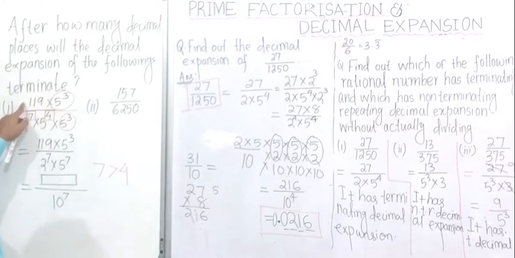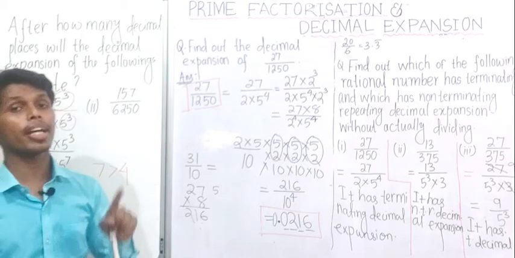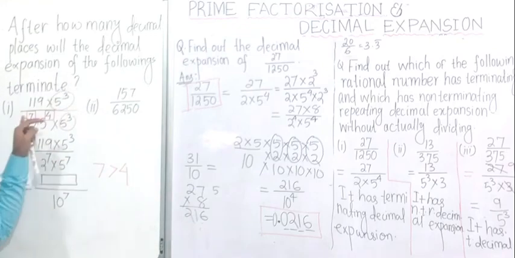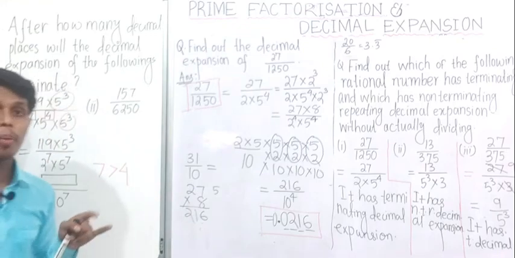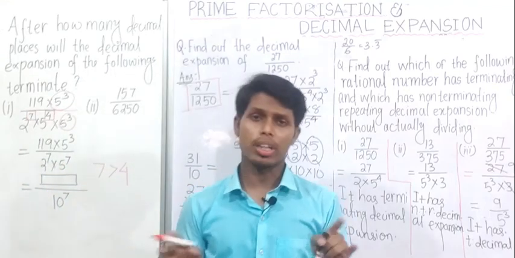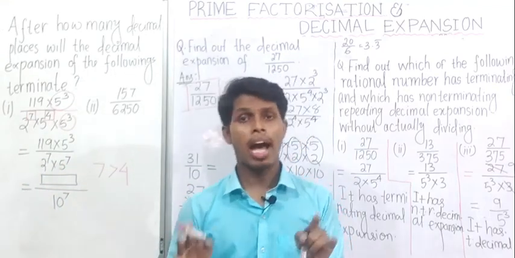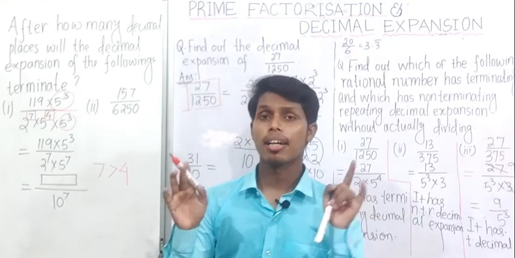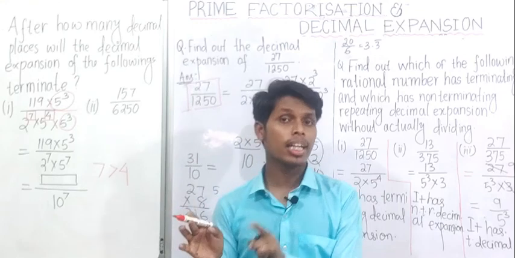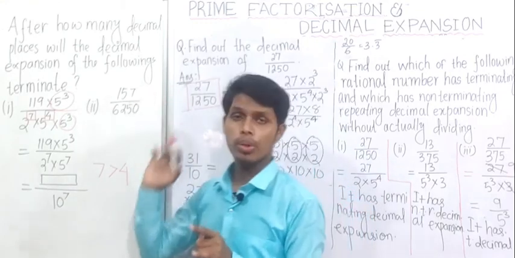So this rational number will terminate after 7 decimal places. Simple. You have to check in the prime factorization of the denominator which of 2 or 5 has the greater exponent, and that greater exponent is the answer of this type of question.